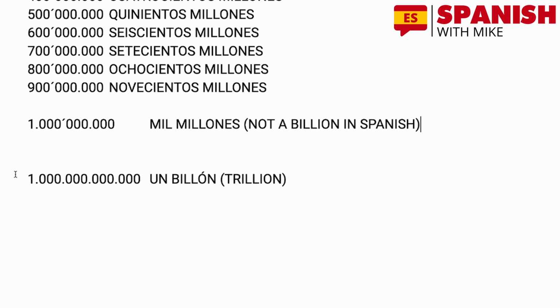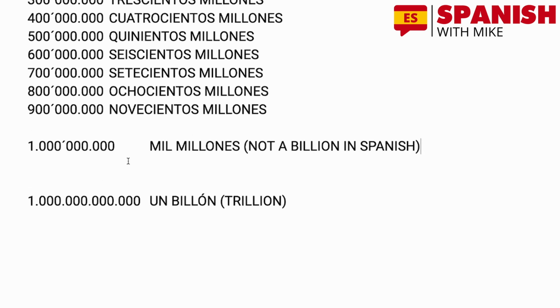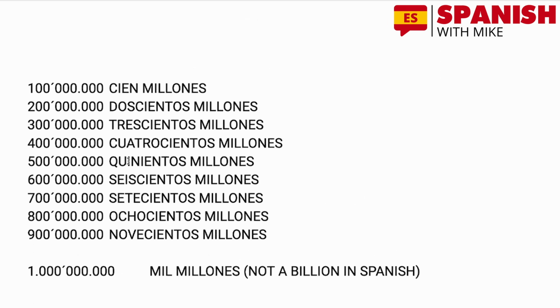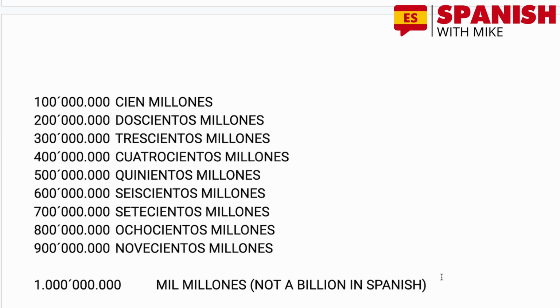Now the next amount would be in English, the trillion. Trillion for us is a billion, which would be un billón, and then dos billones, tres billones, and so on. These are huge numbers. So let's keep it kind of simple, and let's go up to maybe the billion in English, which is 1,000 millones en español.